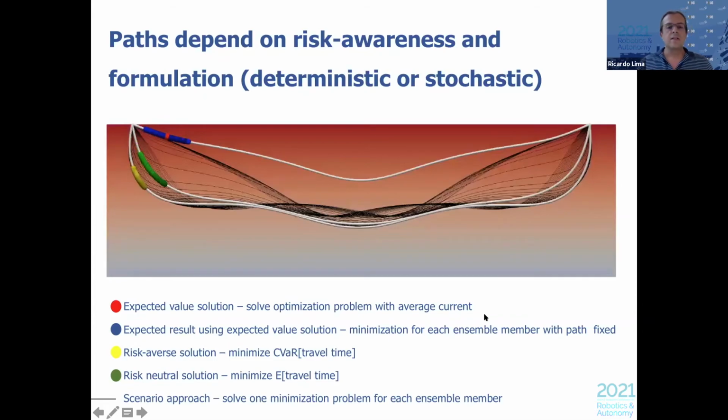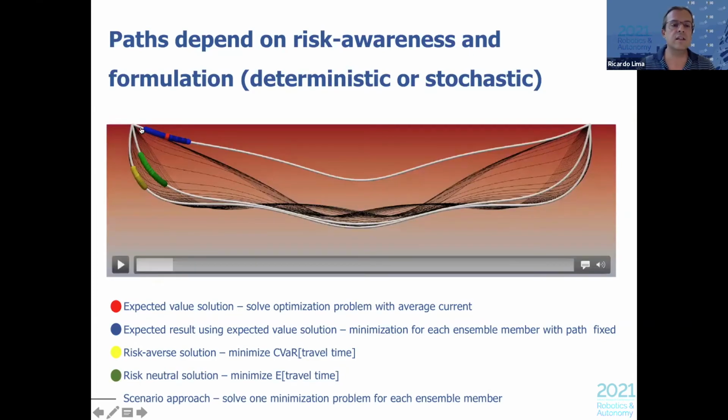So here is where I try to show the difference between all these problems and the value of the stochastic solution. If you do the trajectory planning with the average current, for this case study, this is the path that you obtain here, okay? And the solution that you obtain is this red dot.